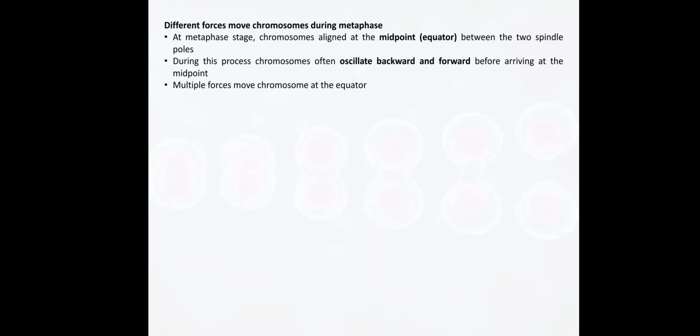Depolymerization at the plus end of the microtubule somehow generates a force that pulls the kinetochore poleward. Kinetochore localized kinesin 13, which is a class of microtubule depolymerizing protein, and CENPE, which is a member of the kinesin 7 family, play an important role. Apart from this poleward force, there is the polar ejection force, which is the second type of force.